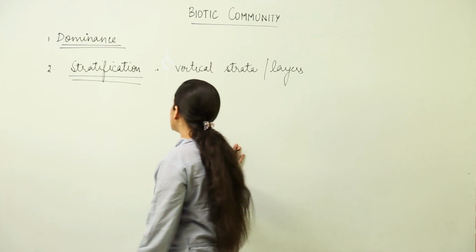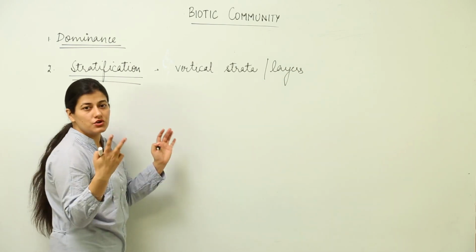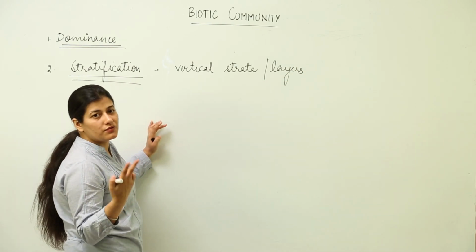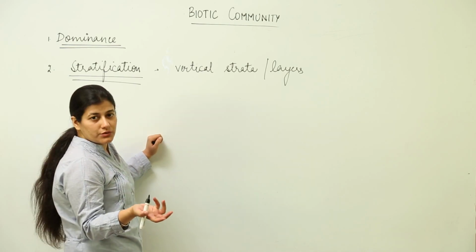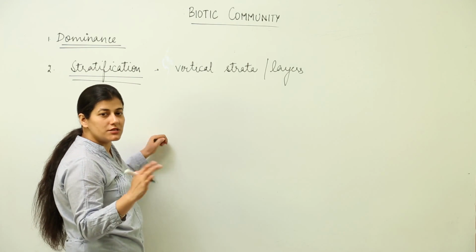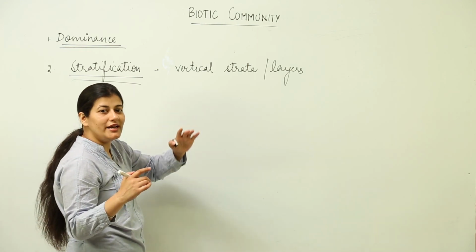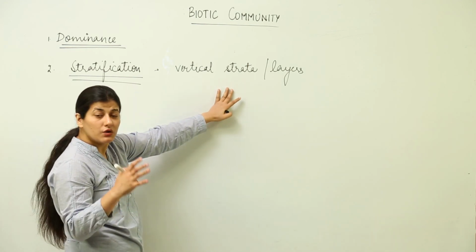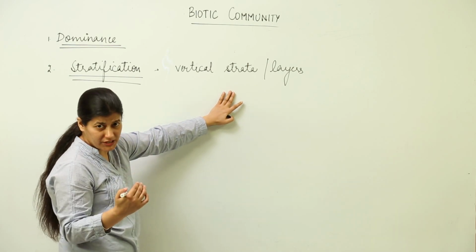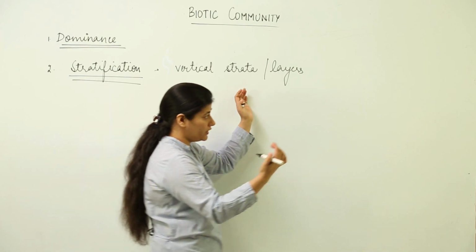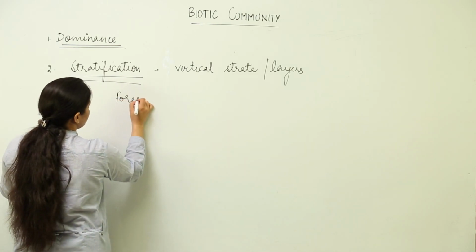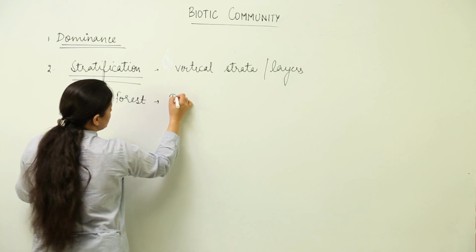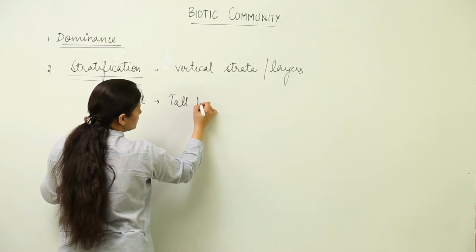Now when we talk about stratification, let us take into consideration two ecosystems, one being the forest ecosystem and the other one being the pond ecosystem. In the forest ecosystem, it is very clear that there are certain layers or strata according to the height of the particular vegetation that is present over there. So inside a forest, what kind of stratification are you going to find? You will find the tall trees, which would be angiosperms or gymnosperms.